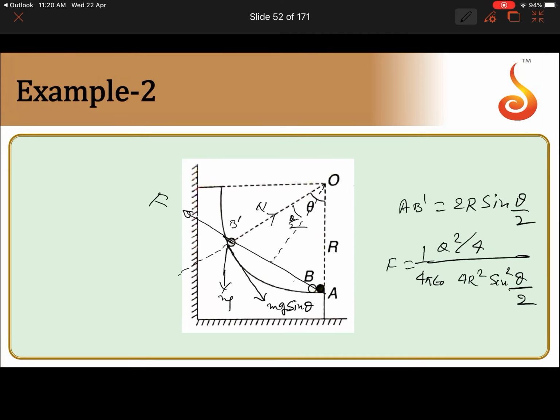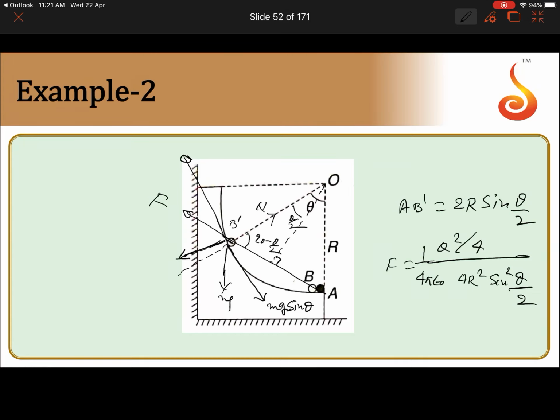One component in this direction and other component of F tangential to this. So if this angle is theta by 2, so this angle will be 90 minus theta by 2.